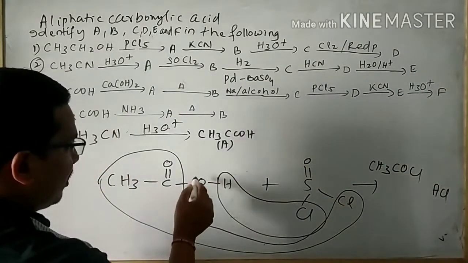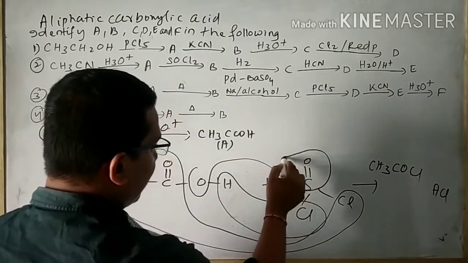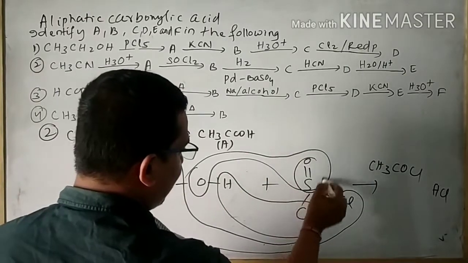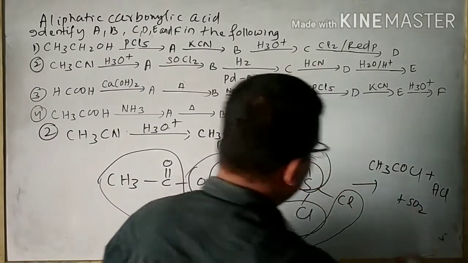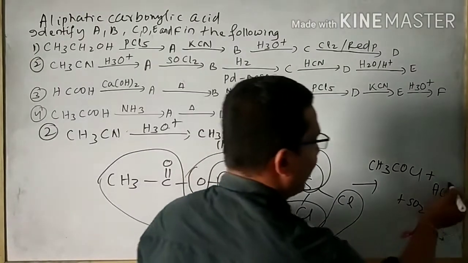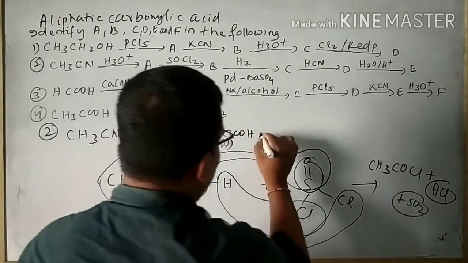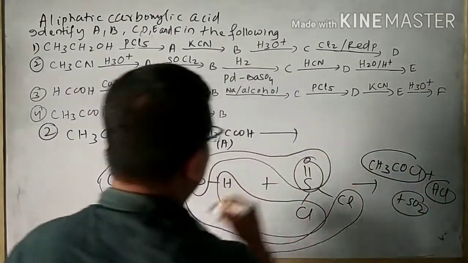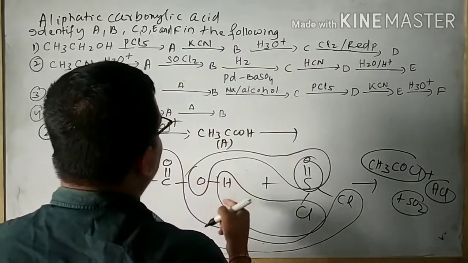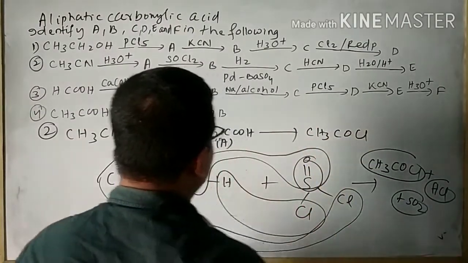The oxygen atom and this oxygen atom combine with this part and form another byproduct, SO2. HCl and SO2 are byproducts, so it is not necessary to write them. We can write the main product, CH3COCl.